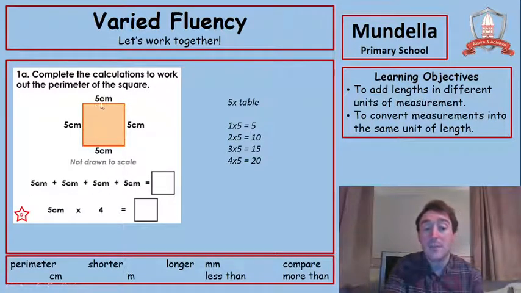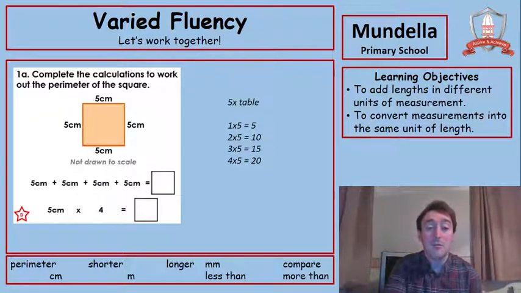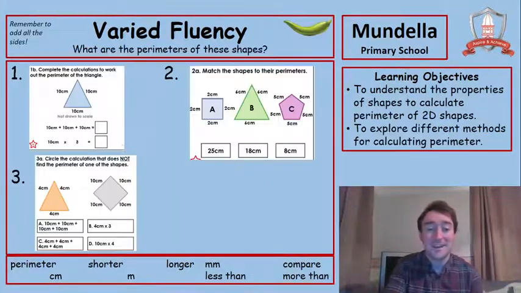So we could do 5 centimetres times by the 4 sides because they're all the same. And what would we get? 5 times 4 is 20. So it'd be the same. So if it's a square or a regular shape, then we can use multiplication.